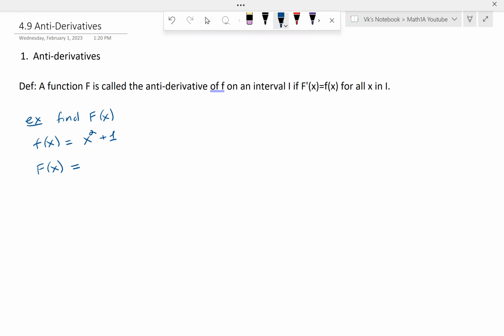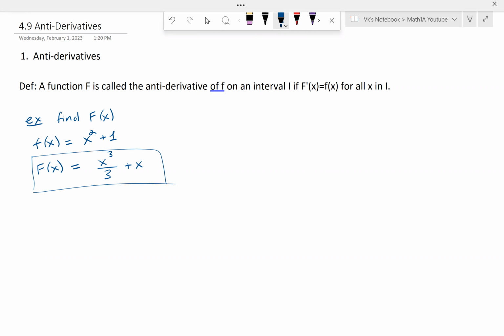Well, in order to get x squared, we need x to the power 3. And then when we use the power rule, we have a 3 in front, so we've got to divide by 3. And as for 1, the derivative of x is 1, so the antiderivative of 1 is x. That is one of them.